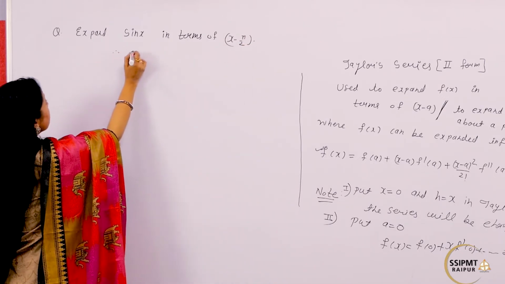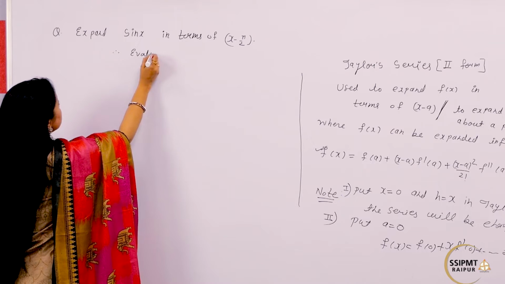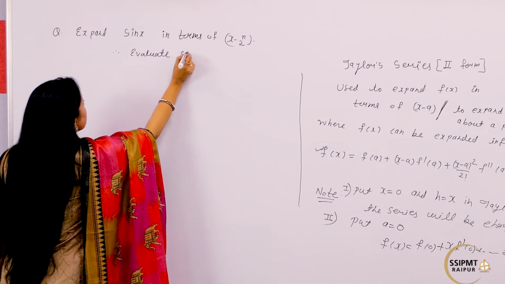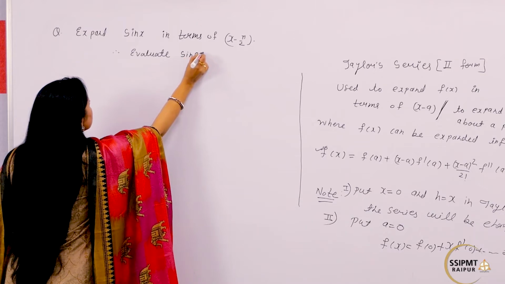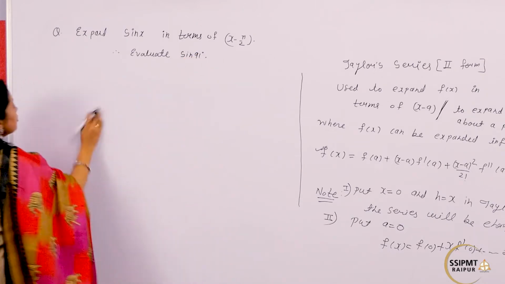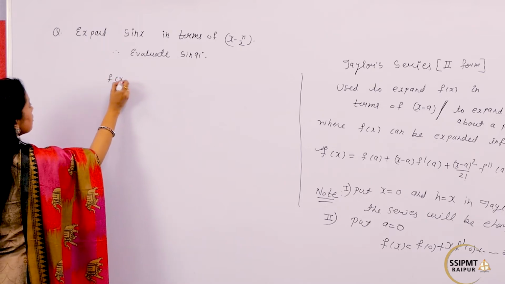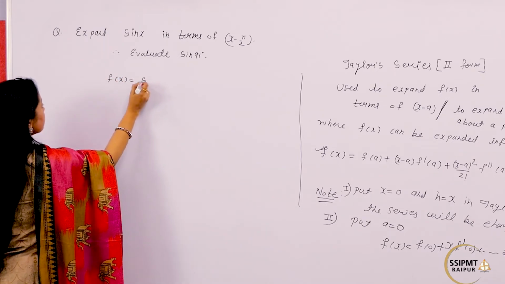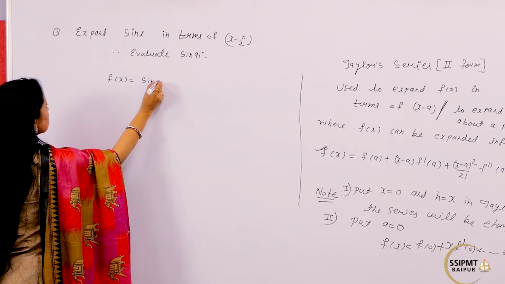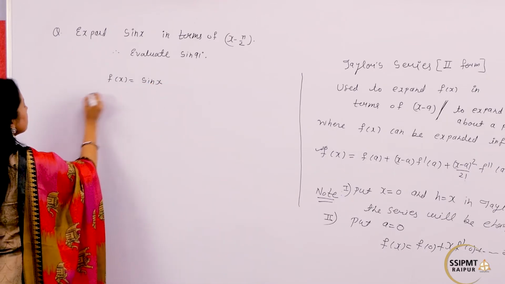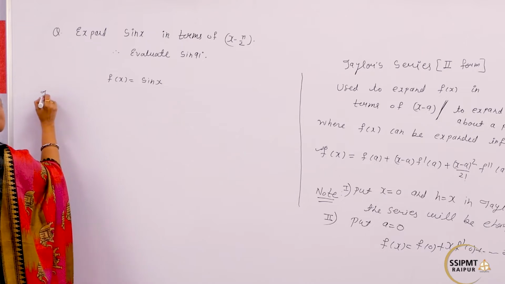Hence evaluate sine 91 degree. Alright, so we take f(x) is equal to sin x, then use Taylor's second form.